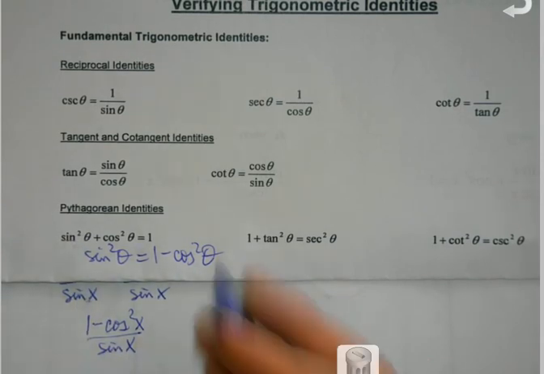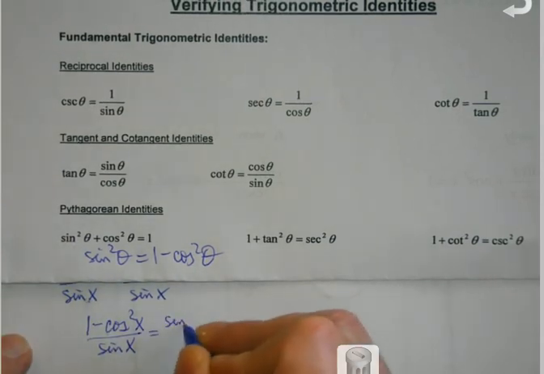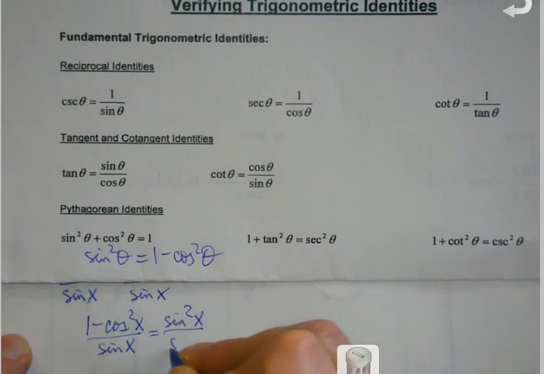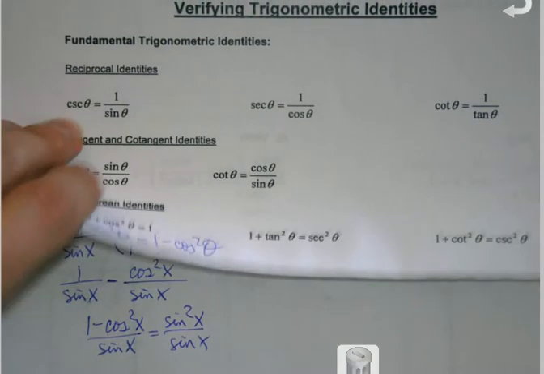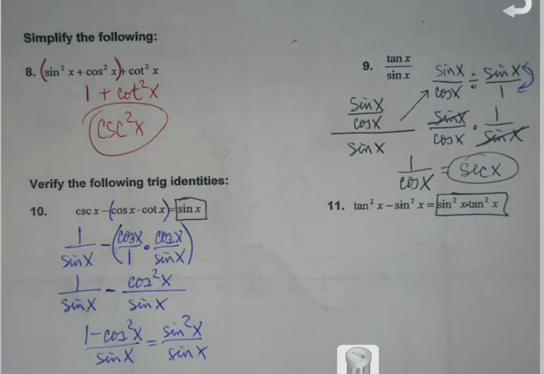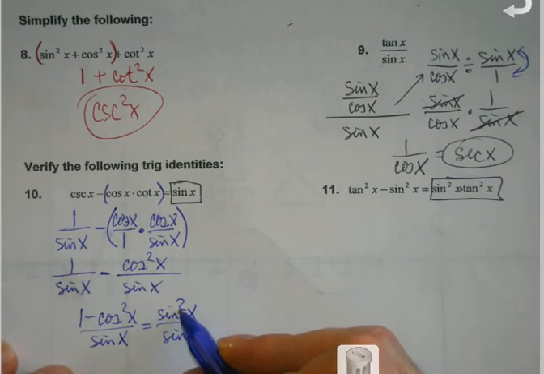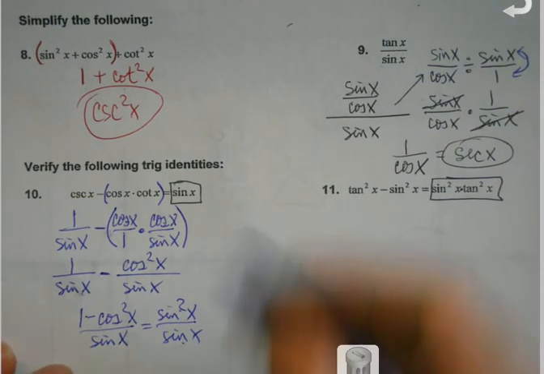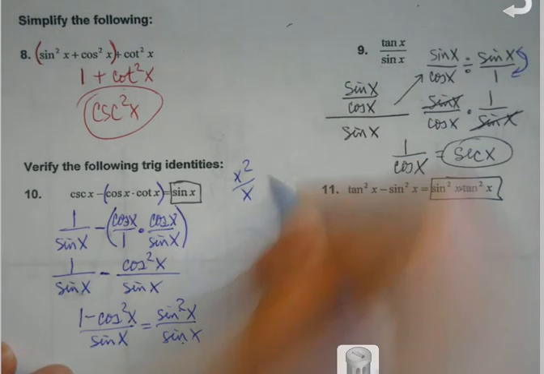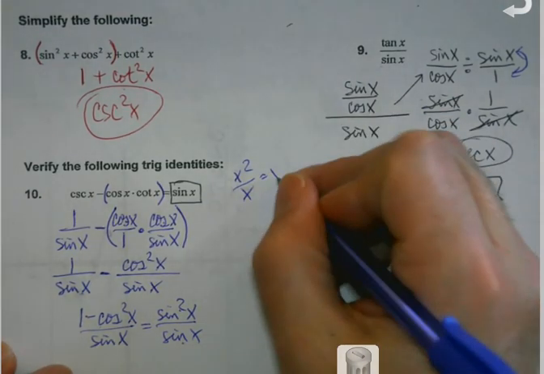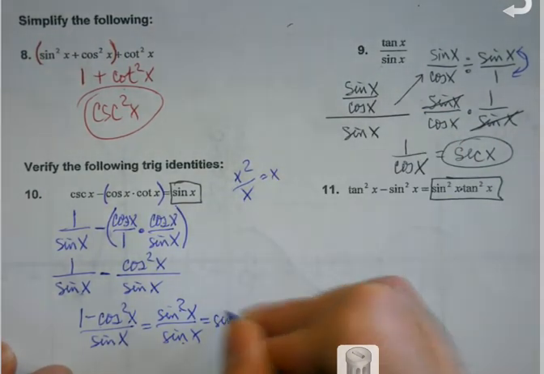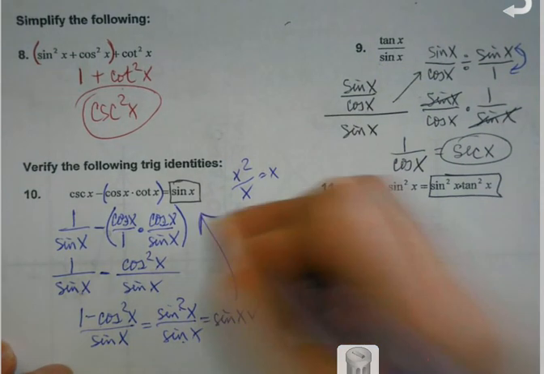Now, those match up, which gives me sine squared over sine. I gotta fix that. But if I take something squared and divide it by something like 1, we talked before about how that's like x squared divided by x, which would just be x. This is just gonna be sine. And they're the same now.